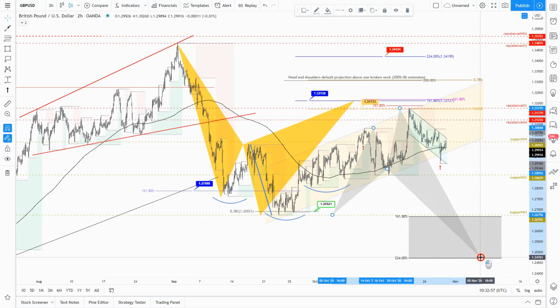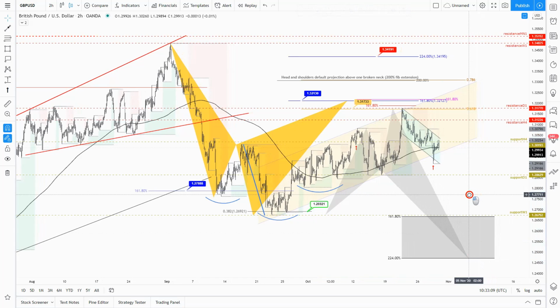And obviously there's always a chance for a direct move towards the 224% Fibonacci extension, which will also complete a bullish shark pattern but extended to that level.